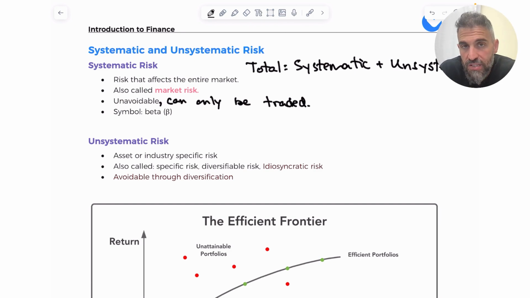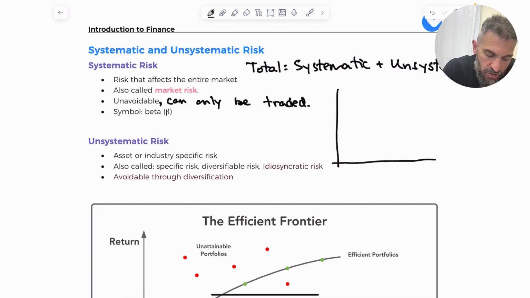Whereas unsystematic risk is avoidable, because the more you diversify, the less you are exposed to any one stock or any one industry's specific risk. Try and imagine risk as a line where the y-axis is your risk and the x-axis is the number of stocks you have in your portfolio.